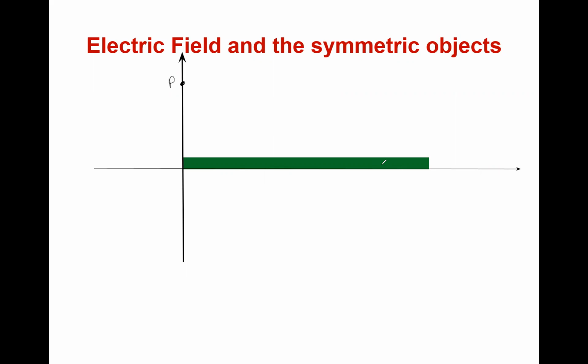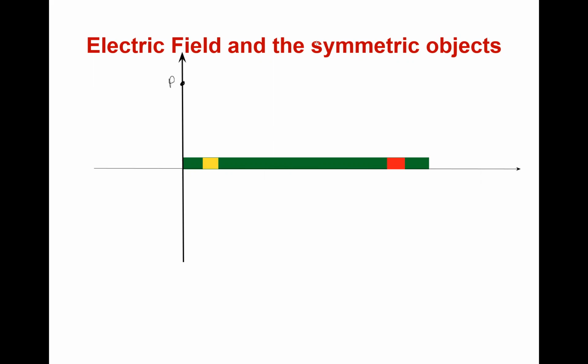Is this object symmetric in this case? Let's see. If we take two portions at any position, let's say here and here, we say here we have a red one, and we calculate the components to see if we have two opposite elements or not.